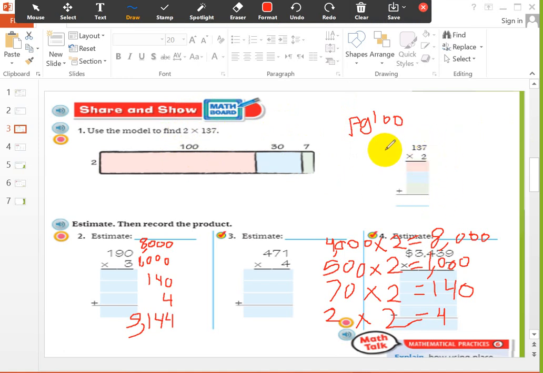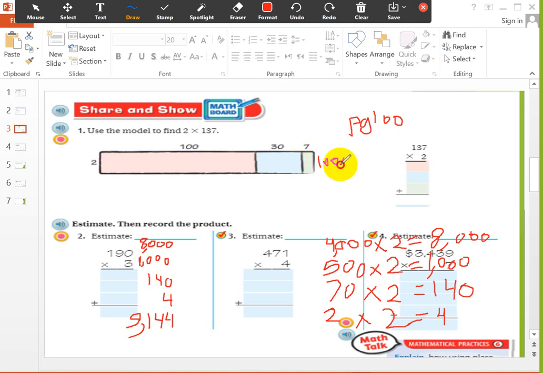So I will start with the largest digit, which is here the hundreds. Now, 2 multiply 1 in hundreds digit. What is the value of 1 here or in hundreds digit? The value of the 1 will be what? 100, right? The value of the 1 will be 100.